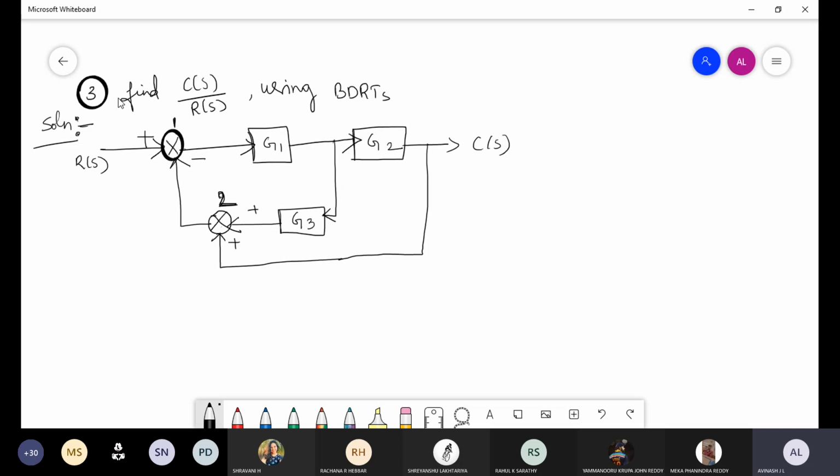Here, whichever signal is going out of G3, I will consider as x, and the signal coming from the last background, I will consider as y. If these two are going to a summer, what will be the signal at this particular point?